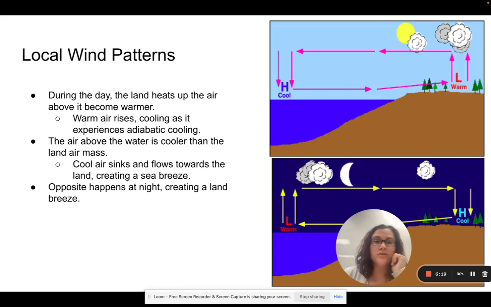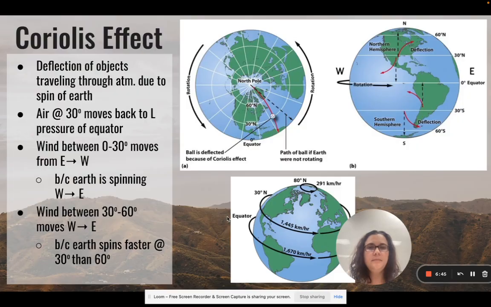Which makes that high pressure system come in. So during the day, typically, we're getting local wind patterns coming in off of the water, right? Now, if it flips around and you have a really cool night, or cool temperatures, and you have a warmer ocean or warmer body of water, you see the flip-flop happen. So you can get a sea breeze and a land breeze. You may have heard those terms. And again, this is just locally. This isn't on a global scale, okay?